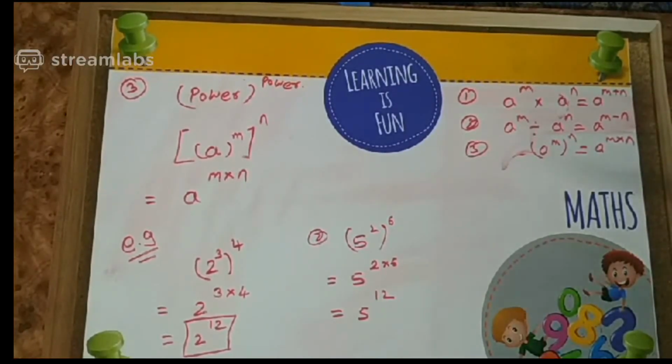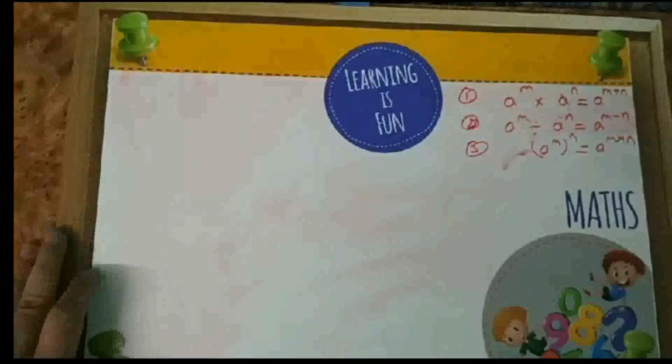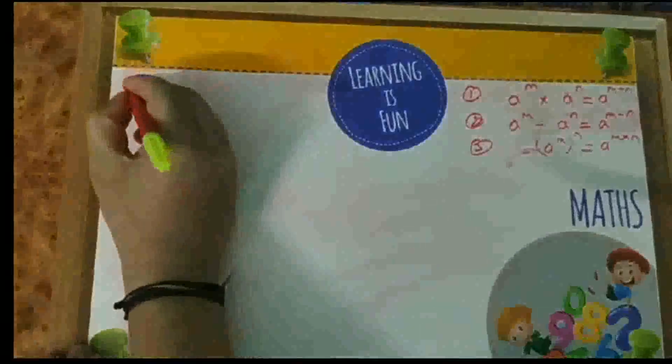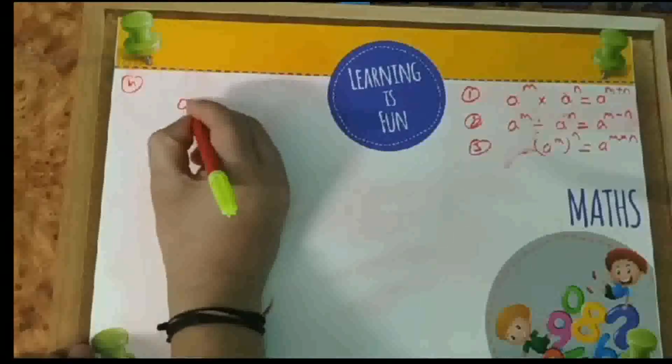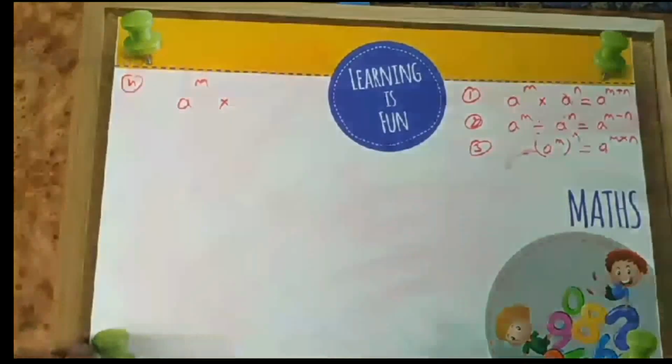Now what if we have a different base and the same power? Then what will we do? The fourth law: when the base is different and the power is the same. Let's go for the fourth law of exponents, or we can say the fourth law of power. Here my base will be different but my power will be the same. A and B are my bases and there is a multiplication sign.